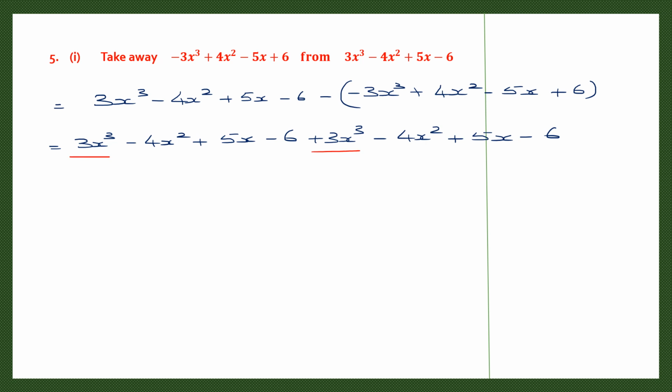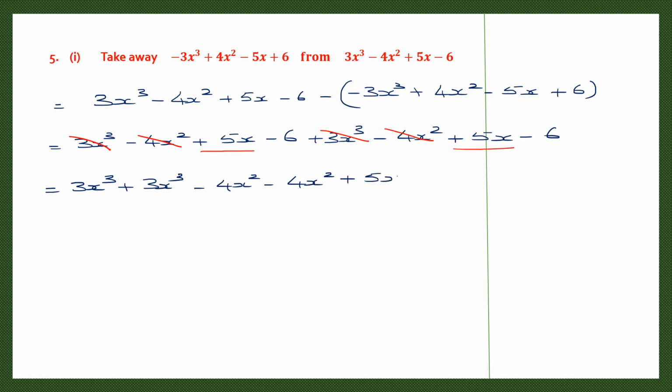Let's write it. So that is 3x cubed plus 3x cubed. Now let's look at the x square. Minus 4x square minus 4x square. Now let's look at the x: plus 5x, and again we have plus 5x. So we are writing it down.